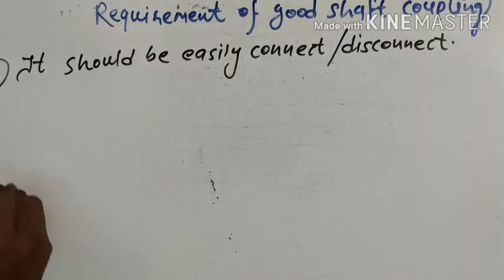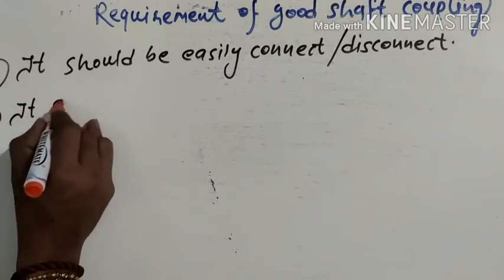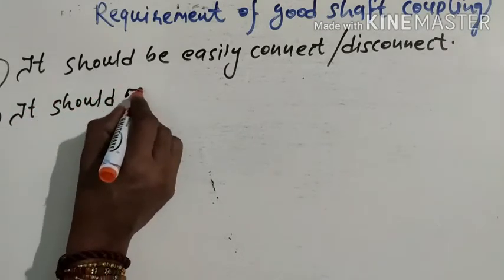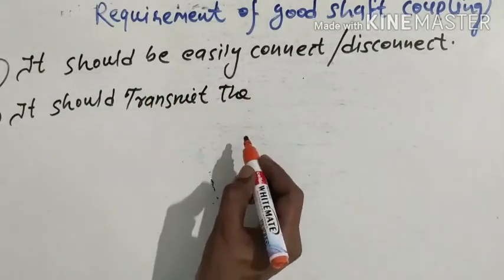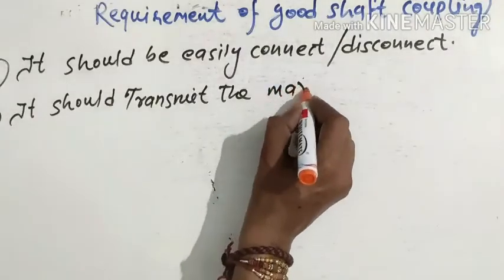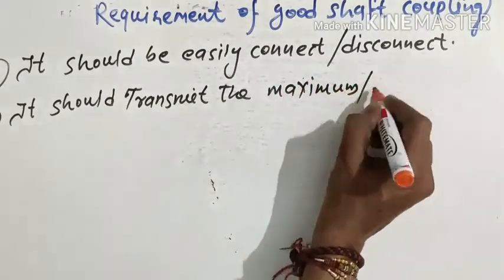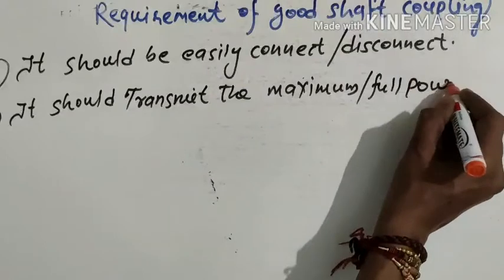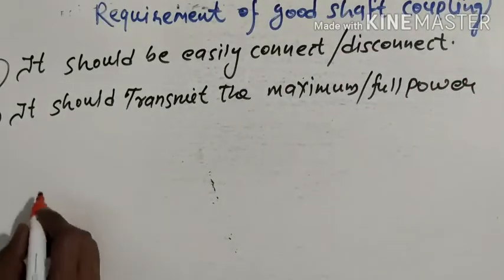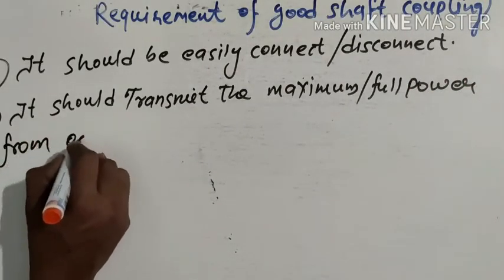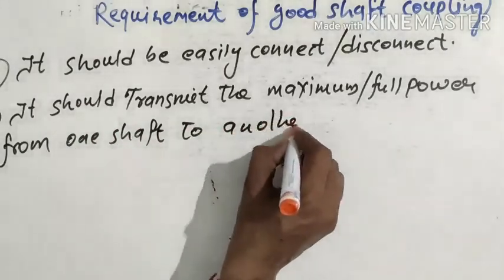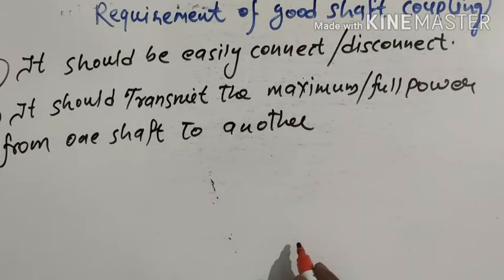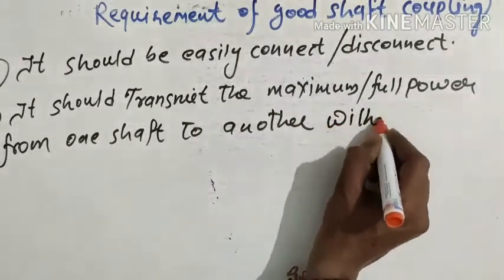The next one is it should transmit the maximum, or you can say full power, from one shaft to another without any losses.